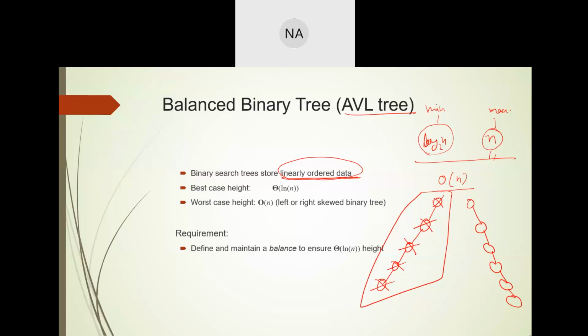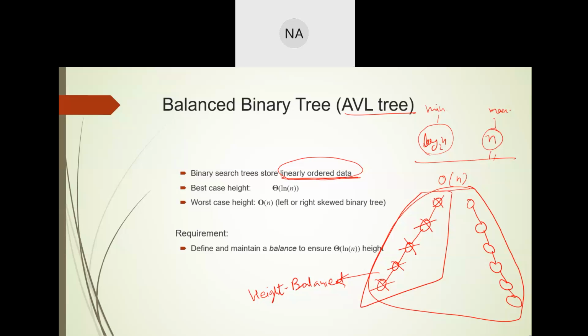So in this particular case, if the binary tree is left skewed or right skewed, you are getting the worst case complexity. The reason is that the binary search tree is not balanced, more particularly height balanced.